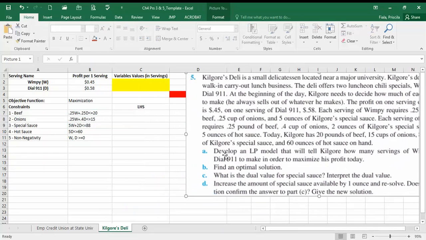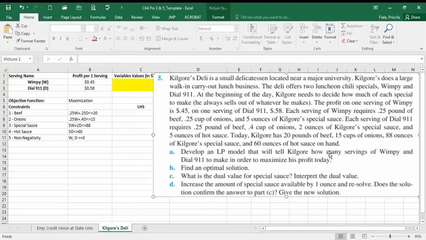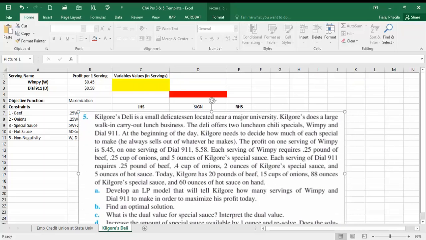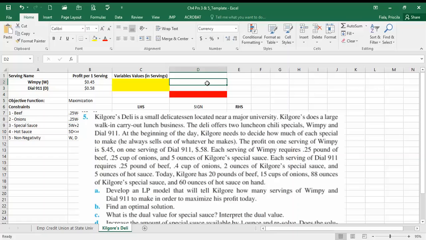The questions are going to be, first, we're going to develop the LP model that will tell us how many servings of Wimpy and Dio 911 to make in order to maximize his profit today. The second question is to find an optimal solution. We can tell servings, but we also want to know the dollar amount.